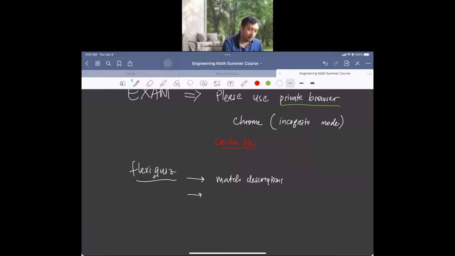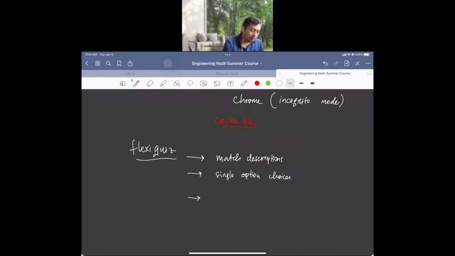The other one is single option choice, or multiple choice. This is also okay. You just click and no problem at all. The other type of question that we usually have is fill in the blank.